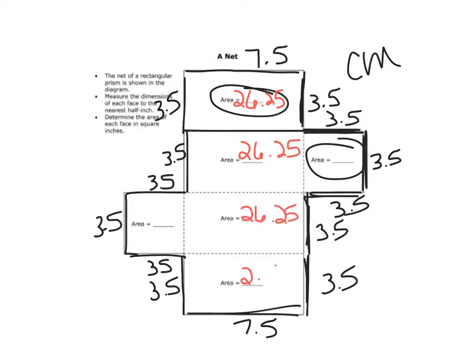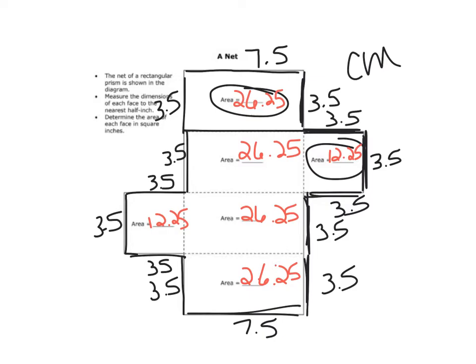So what would be the area of the square? Yes, 3.5 times 3.5, 12.25. Okay, so what would you need to do in order to find out the area of the whole thing? Add them all up.